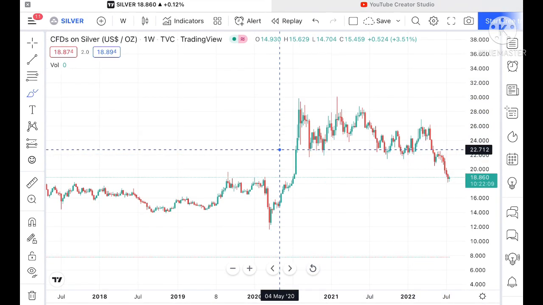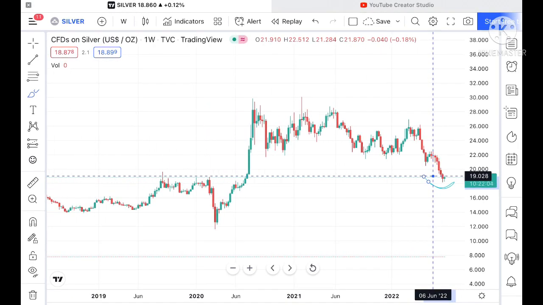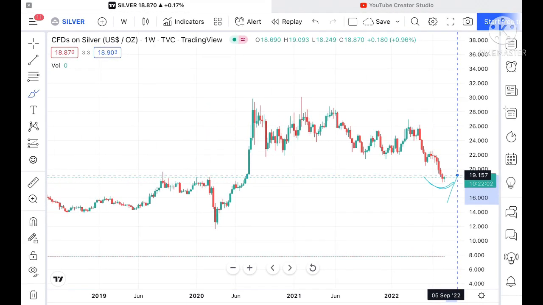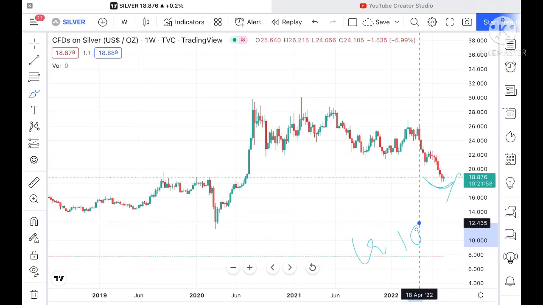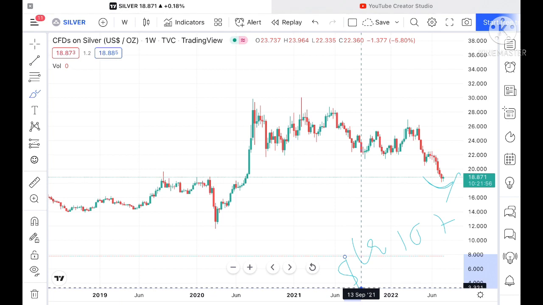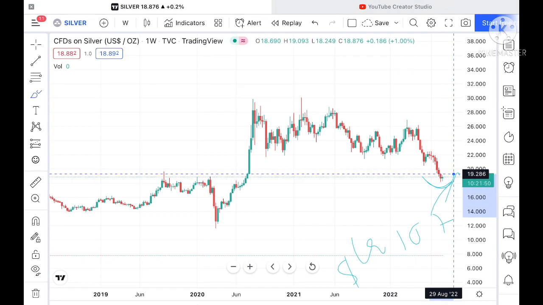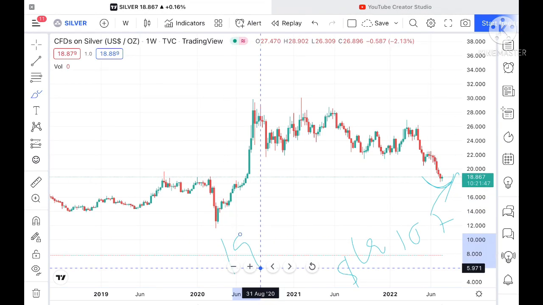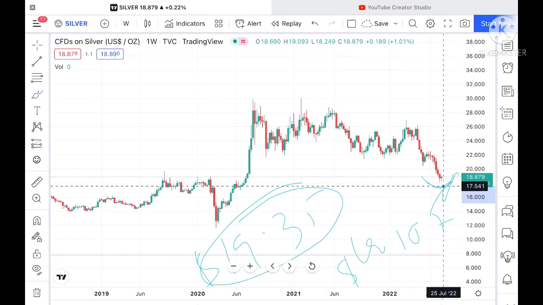If you look at the chart, we have seen a swing forming at this particular zone. Suppose this zone sustains, we can see it touch a level of $19.157. If the price goes above that level, and this level is already being tested here, the probability is high it can touch 19.35.